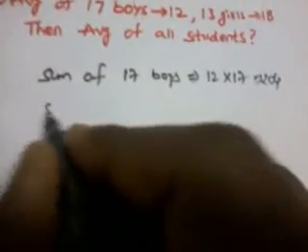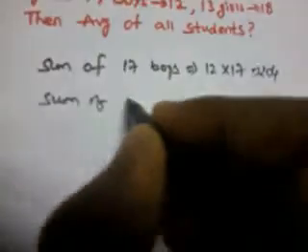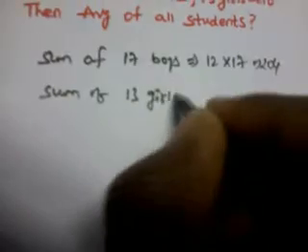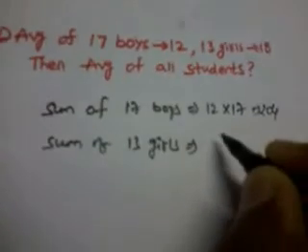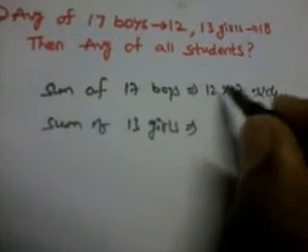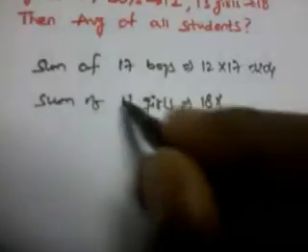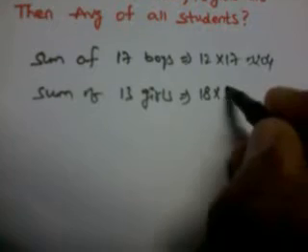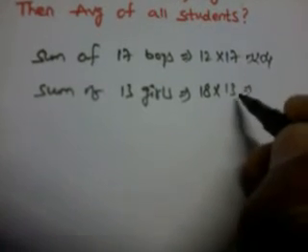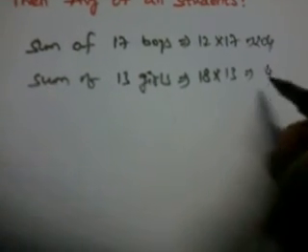And we have to find the sum of 13 girls. Sum of 13 girls is average 18 into number 13, which is 234.